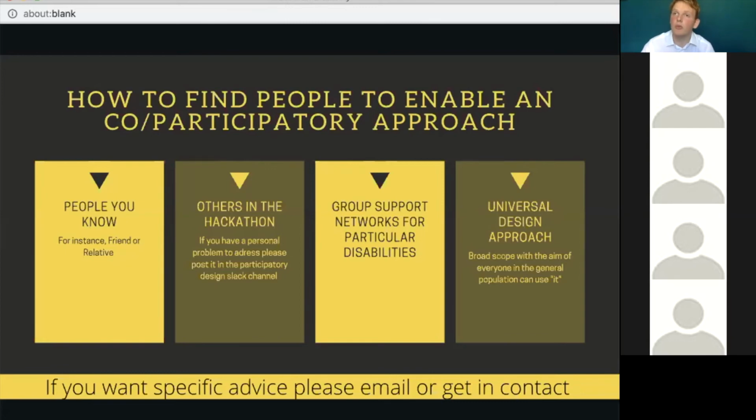inclusive design would be perhaps a specialized, customized chair lift or something like that, which would only be able to be used by that person with the disability. So the advantage of the universal design approach is that it can become the default option, so it will work for everybody.